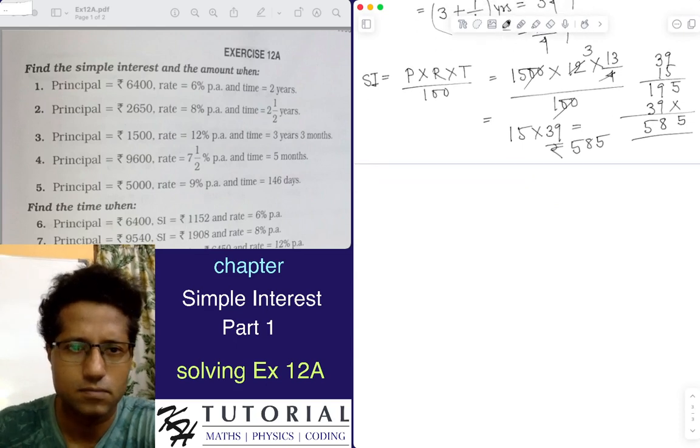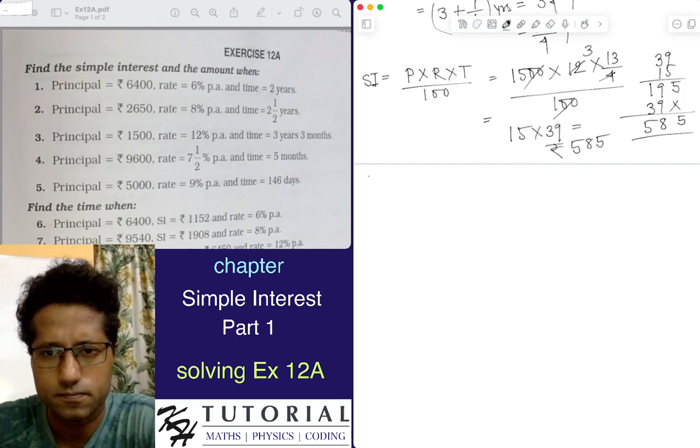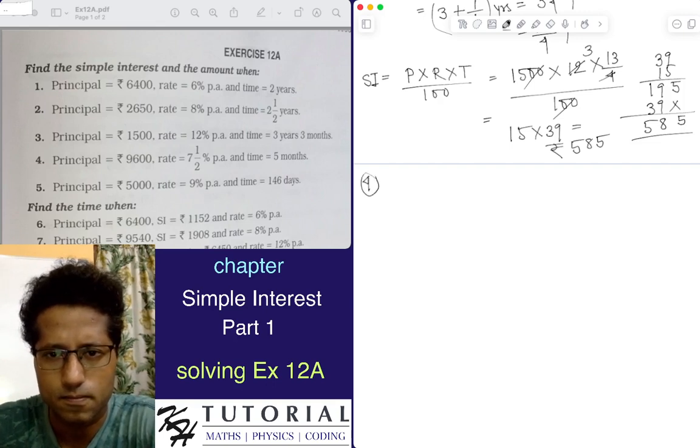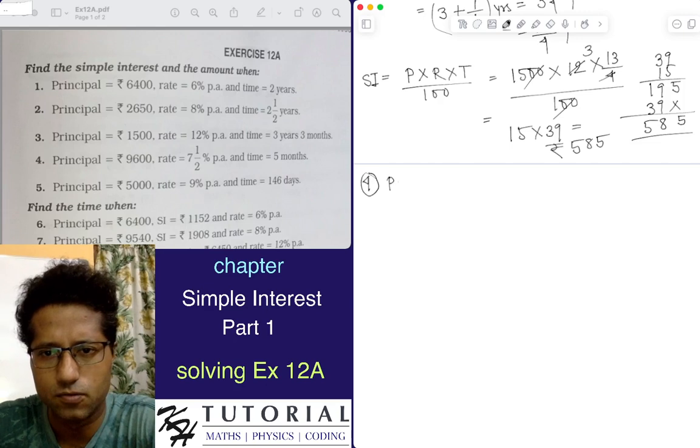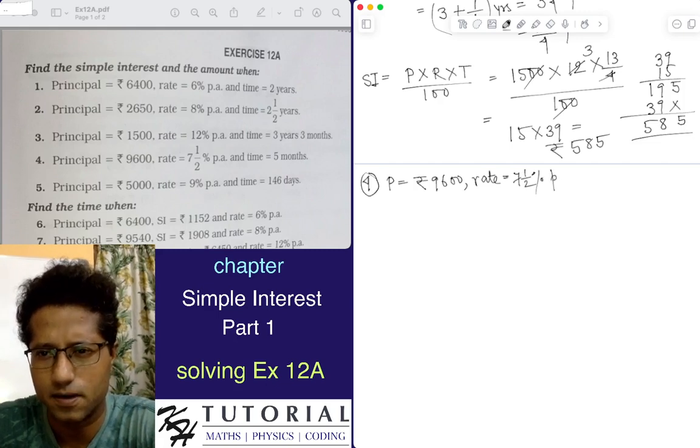Now let's say problem 4. What is 4? In 4, the principal is given to be 9600. The rate is given to be 7.5% per annum.